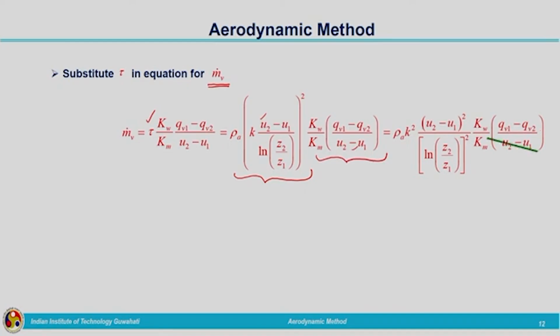In the numerator we have u2 minus u1 all square, so one factor gets cancelled, and the final expression takes this form: kw k square rho a, qv1 minus qv2, u2 minus u1, divided by km ln z2 by z1 all square. When you derive step by step, you will get this equation. It will be slightly difficult to remember, but step by step derivation will lead you to this final expression.